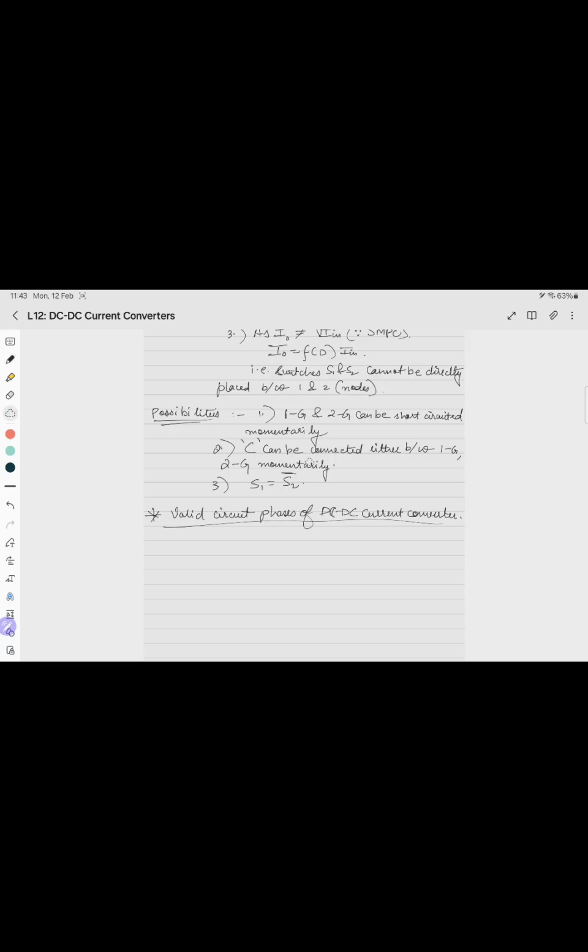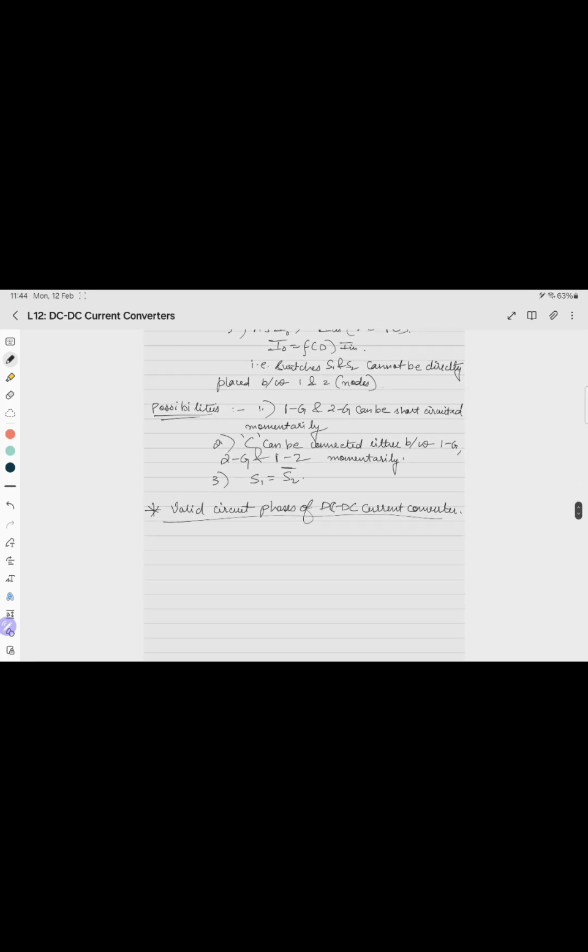Here I will shift this momentarily to this side, and I'll write 1G, 2G and 1 and 2. So what will happen if a capacitor is connected in series between node 1 and 2? As the capacitor should be in parallel with the load, 1 and G should be short circuited in that case.